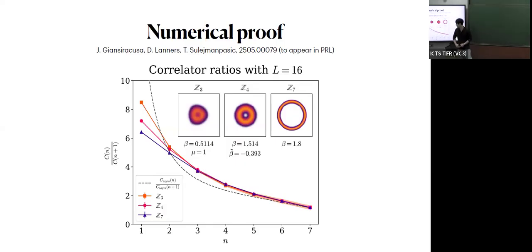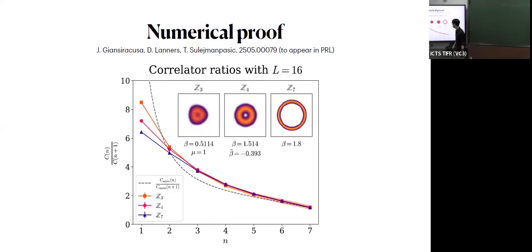And the dashed line is the result of having an algebraic decay characteristic of the Coulomb phase. And you see here the results of numerics for various values of n for the same correlation functions: Z3, Z4, and Z7. Z7 is indicated simply because this is a case where the existence of the Coulomb phase is definitely established.